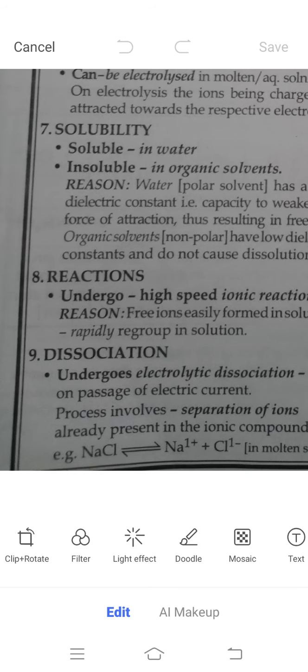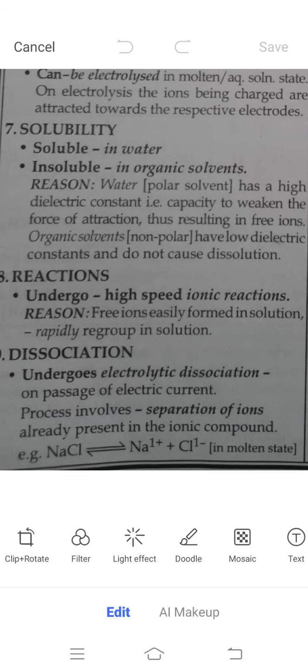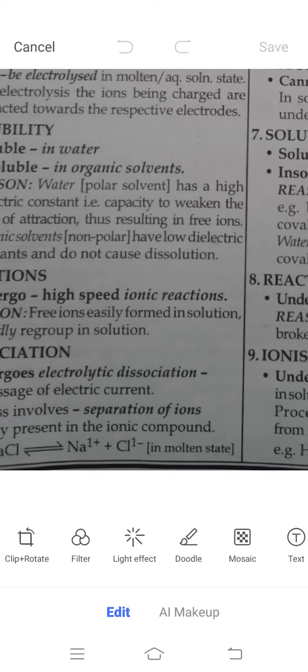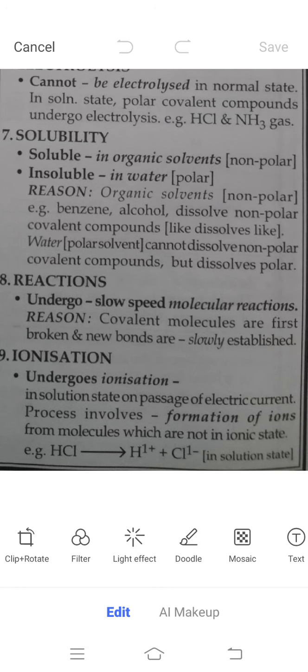Here, for dissociation of ionic compounds, you can see they undergo electrolytic dissociation on passage of electric current. The process involved is separation of ions. NaCl will separate in the form of Na plus and Cl minus ions, whereas for covalent compounds the process is ionization.